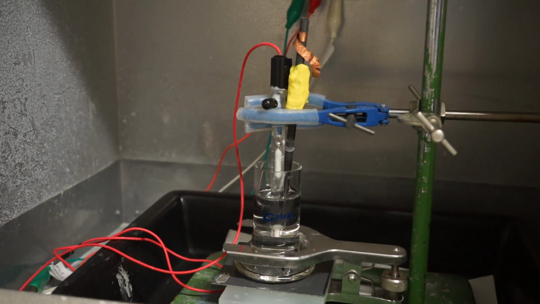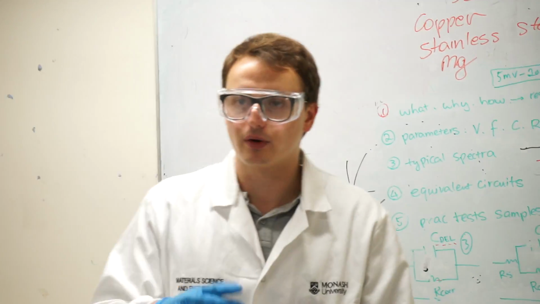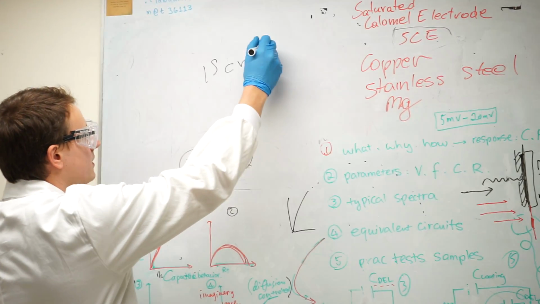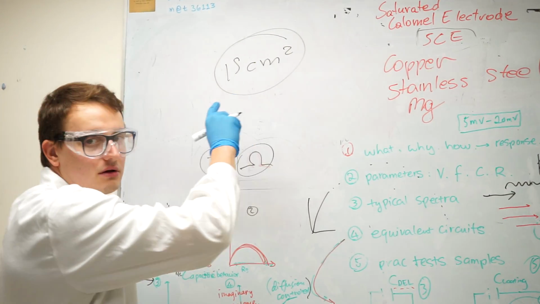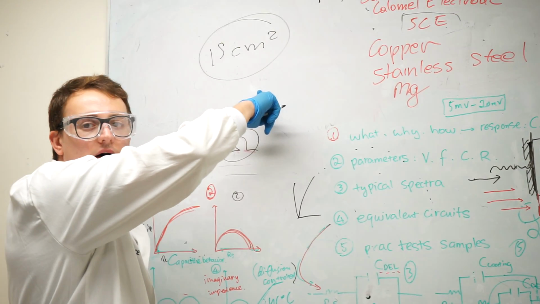The impedance is measured in ohms. But just ohms, again, doesn't mean anything. We need to normalize by the area. The area of our working electrode is 15 square centimeters. Use 15 square centimeters to normalize your values.